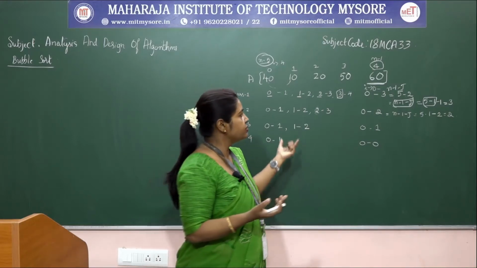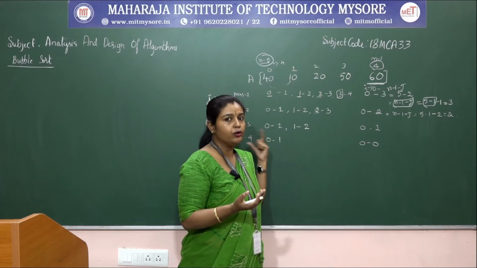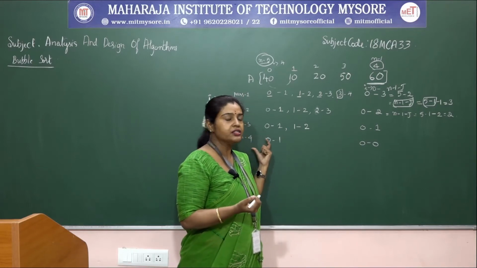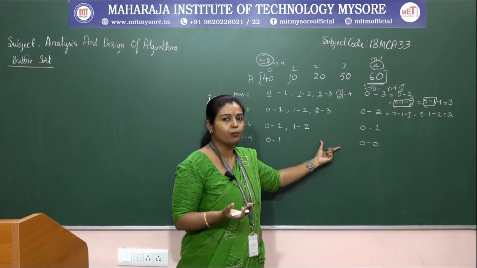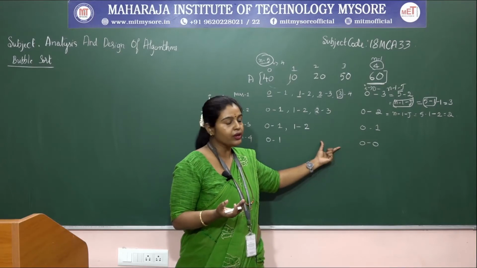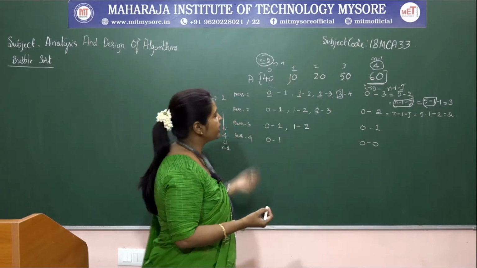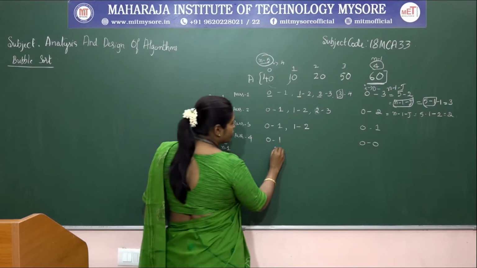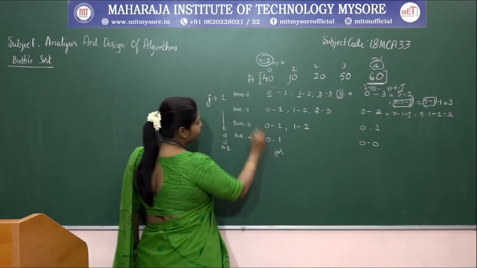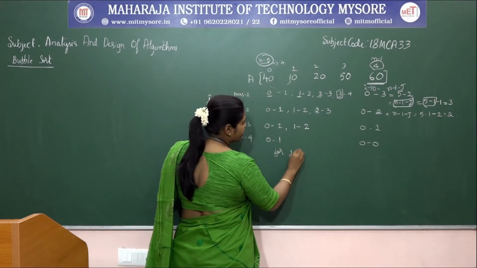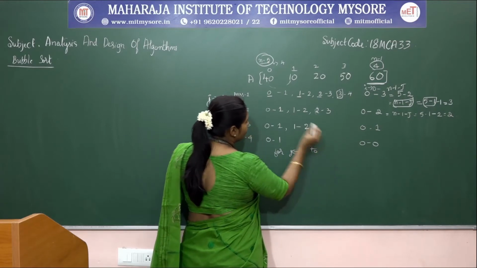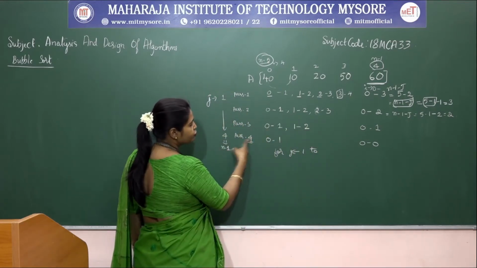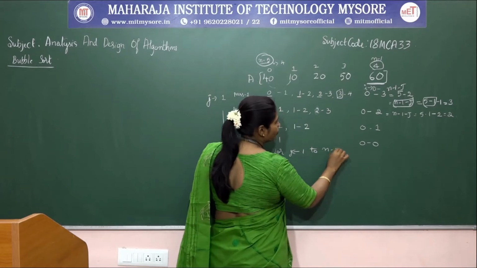So we require one index value for the passes, and for the comparison one more index value. Okay. So next let us write the algorithm for this. So in order to run the passes, j runs from 1 to where? The number of passes is 4, that is nothing but n minus 1, right?